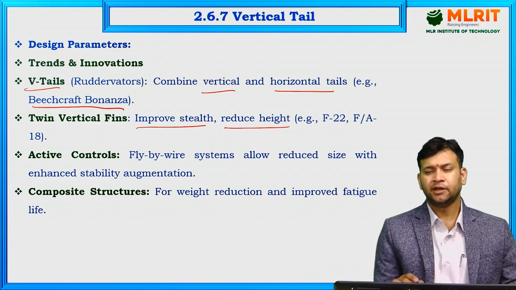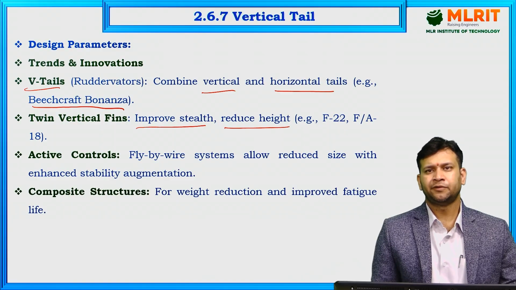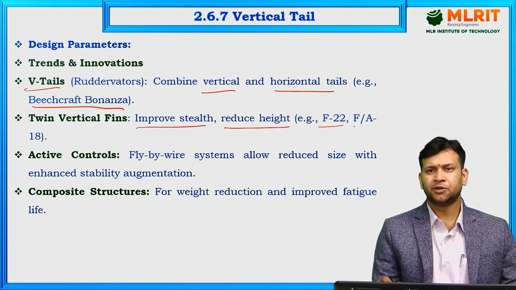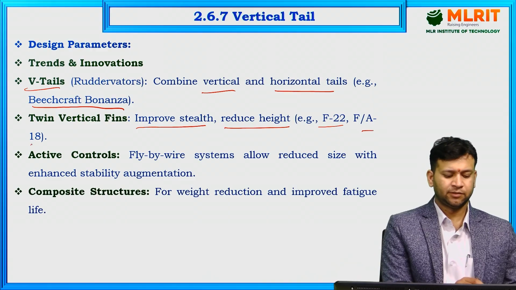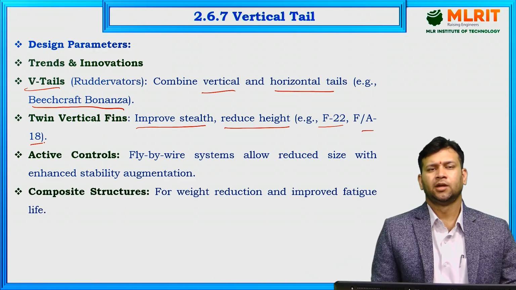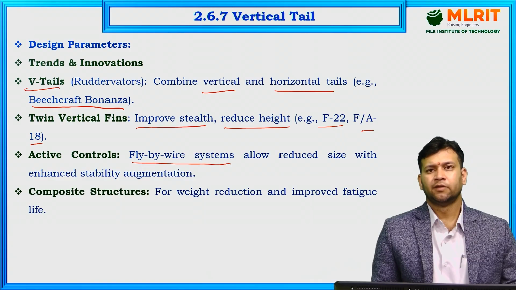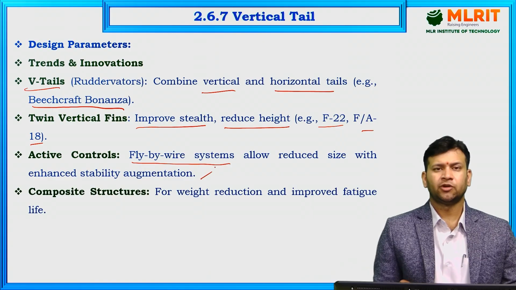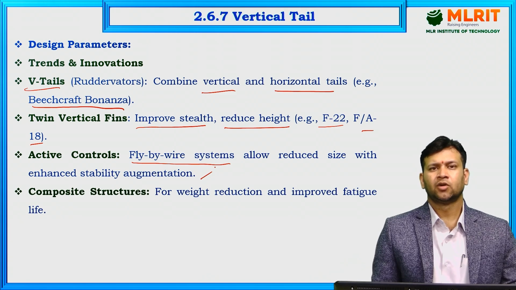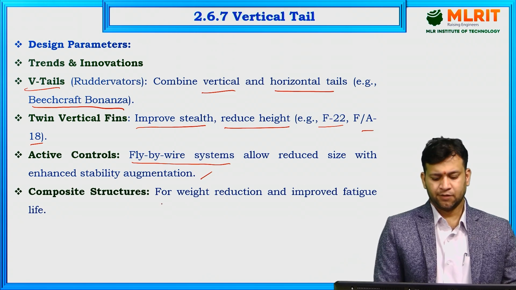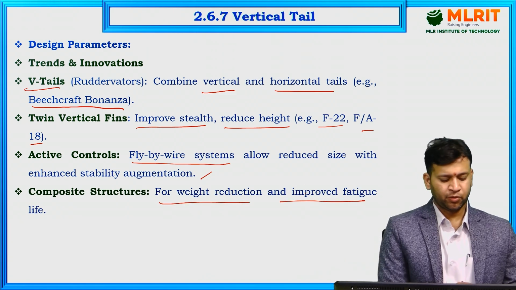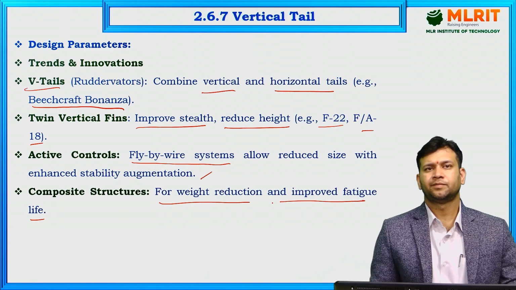It reduces the height of the aircraft. For example, F-22 and F-18. Active controls: we have fly-by-wire systems which allow reduced size with enhanced stability augmentation. Composite structures for weight reduction and improved fatigue life.